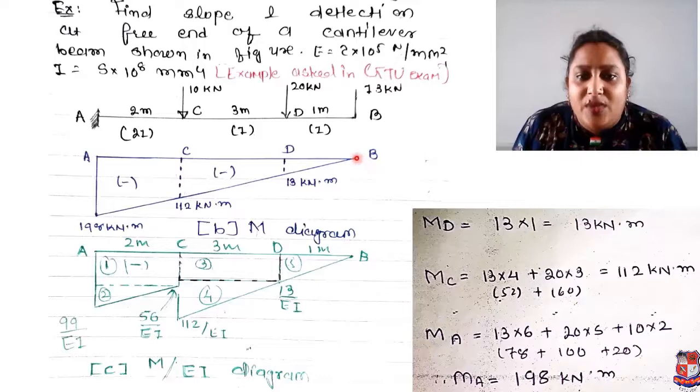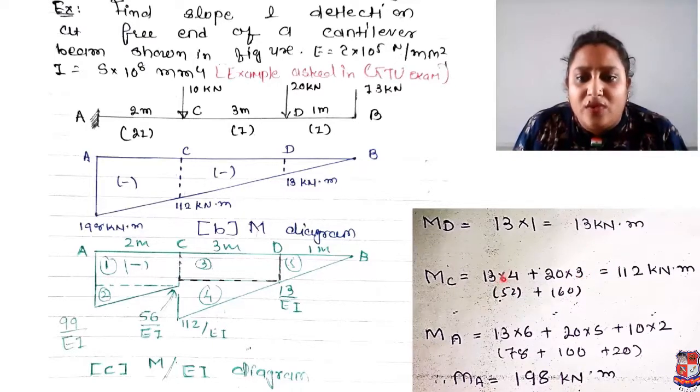Definitely, here at B the moment will be 0. Fine. Moment at D. So it is our force into distance. So our 13 kilonewton load multiplied by the distance. So 13 into 1, 13 kilonewton meter. It is mentioned over here. Okay. Now moment at C. So moment at C is 13 into 4 plus 20 into 3. Okay.